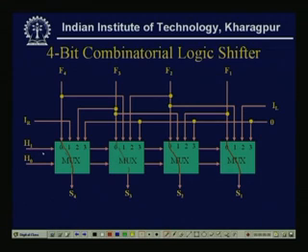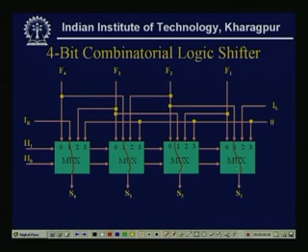Now, when H1 H0 is 0, 1, then the first input should be passed to the output. This should be the situation.